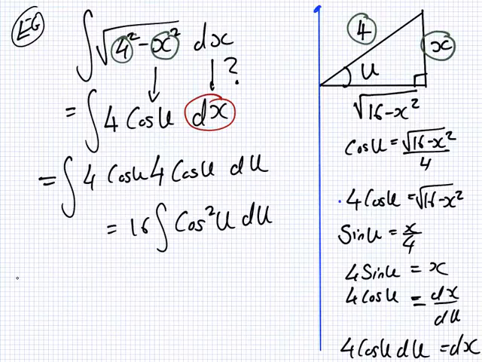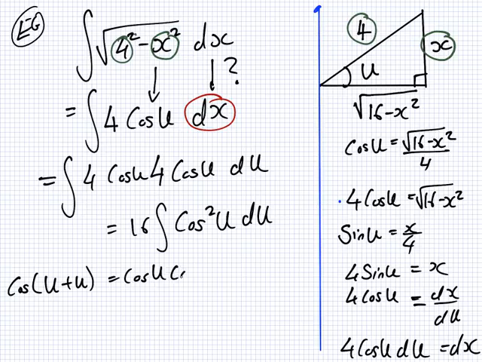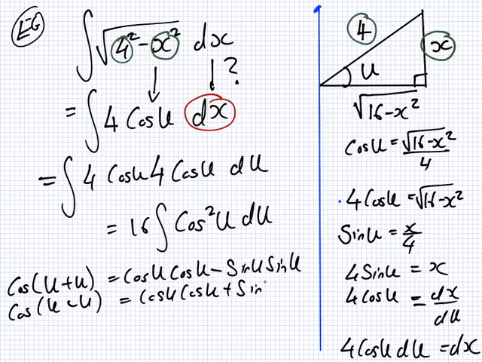We can say cos(u plus u) equals cos u minus sine u, and then cos(u minus u) is the same thing except with a plus, and then just like in question 1 we add them together, so this becomes cos 2u plus 1.